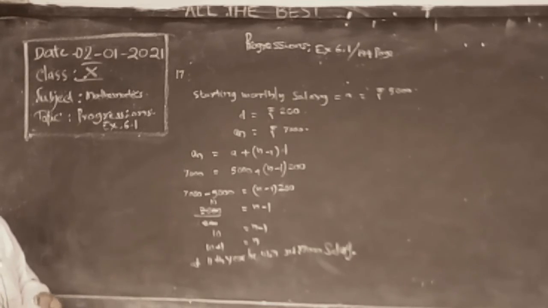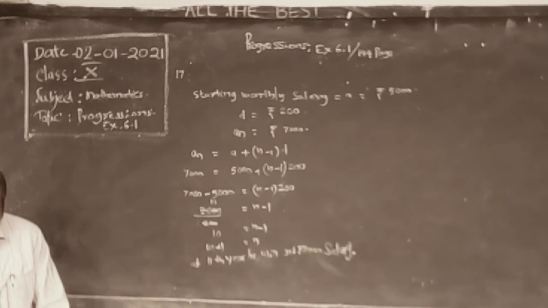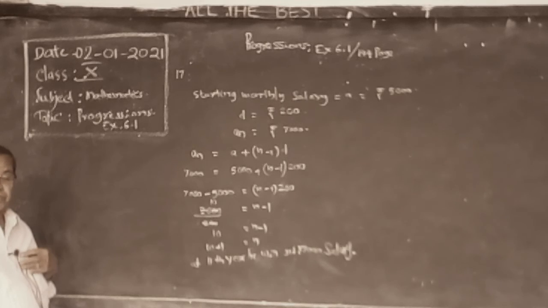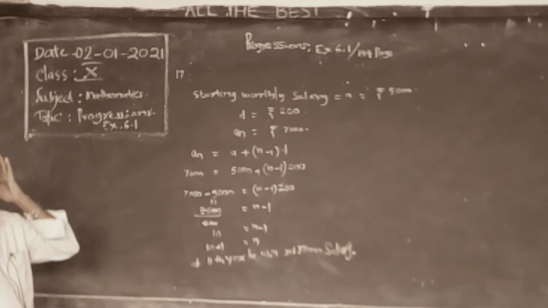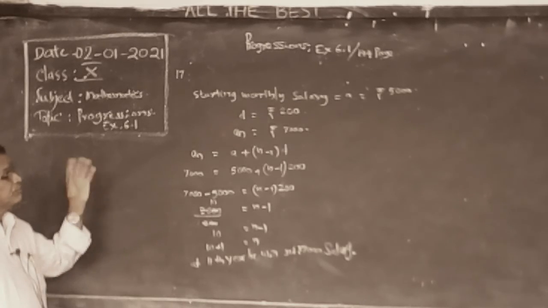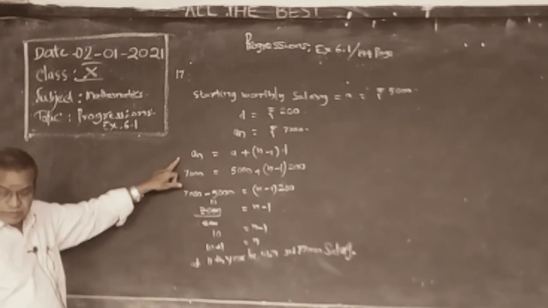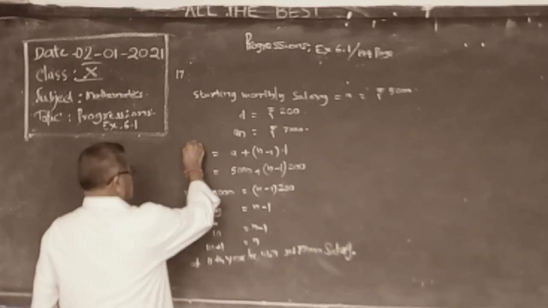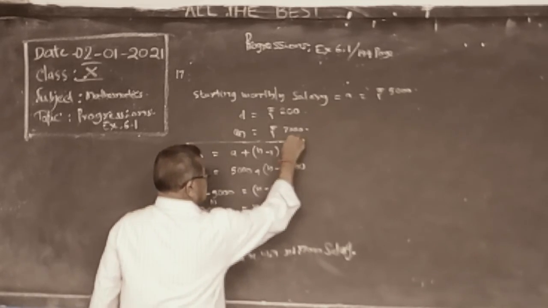After 11 years. So like that, we finished exercise 6.1, very important. For all the problems in this exercise, we apply the nth term of the AP. On this formula only, we are doing the whole exercise.